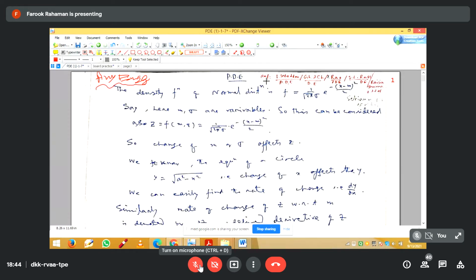Otherwise you can also consult Sneddon's partial differential equation, or Ghosh and Chakraborty differential equation, Rao partial differential equation, S.L. Ross differential equation, Raisinghania's ordinary and partial differential equation. You can consult these books or any engineering mathematics book and find the partial differential equation.